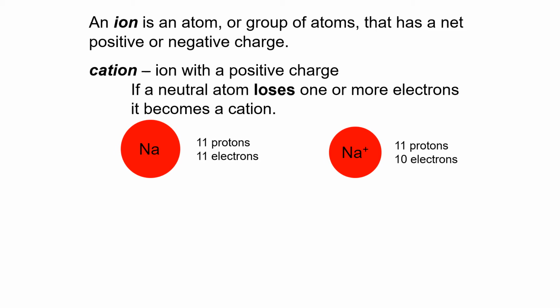However, the sodium ion has lost an electron. And when the cations form, it's the valence electrons that are lost. Sodium is in group 1A, so it has one valence electron, which will be lost to form the sodium ion.